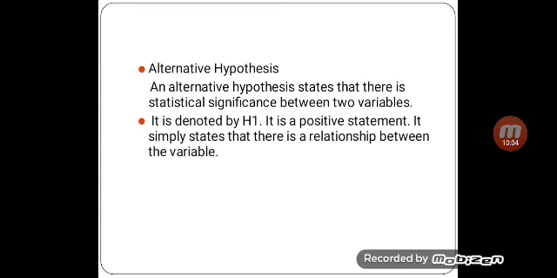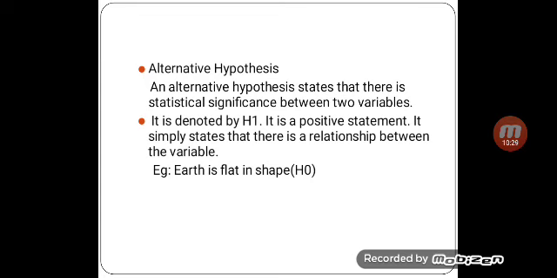The null hypothesis is a negative statement. The alternative hypothesis is a positive statement. It simply states that there is a relationship between the variables, that is, there will be a relationship between the independent variable and dependent variable. For example, I can say that the earth is flat in shape.